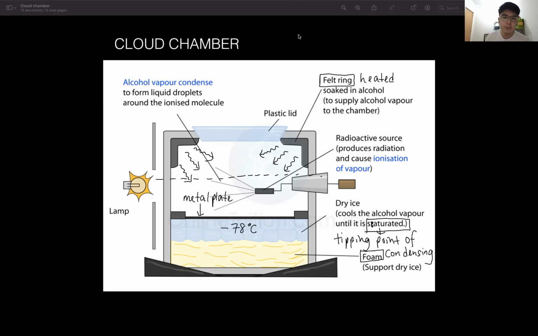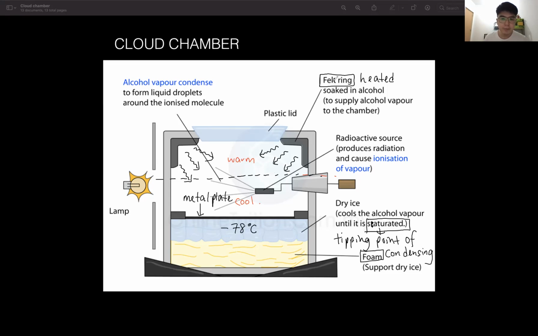You have two regions of temperature. One is warmer up here, and it's cooler down here. When the alcohol vapor goes to the bottom, it will be cooled down almost to condensing, so it becomes saturated.